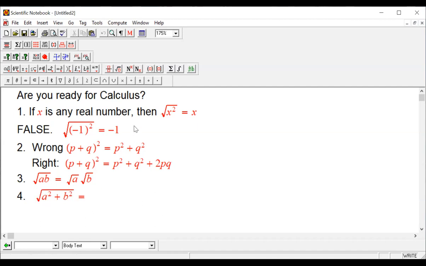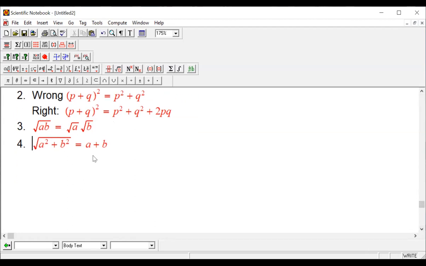And does this equal a plus b? Of course, this is false. Do we have a counterexample for it? Okay, so this is false.